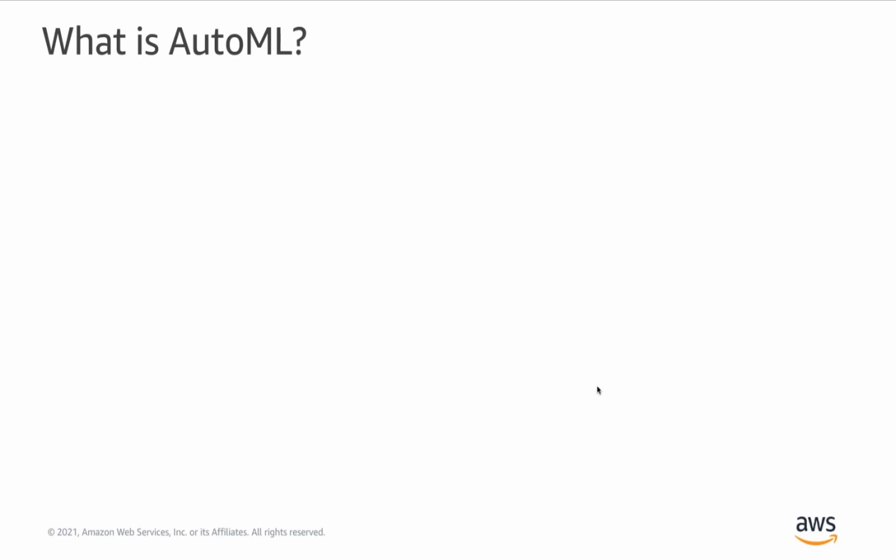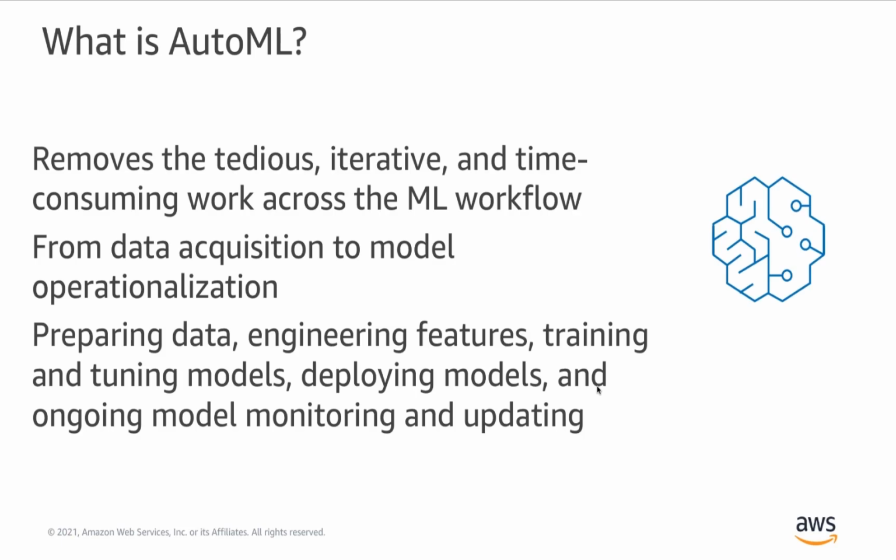In the spirit of what this really means, and I think by now there's a well-established sense of what AutoML is, it allows you to remove that tedious, iterative, and time-consuming work across the machine learning workflow. Whether it's data acquisition, where you might be prepping the data and then going through feature engineering, to the actual training and tuning piece for building the model.